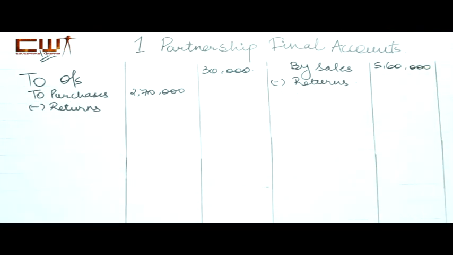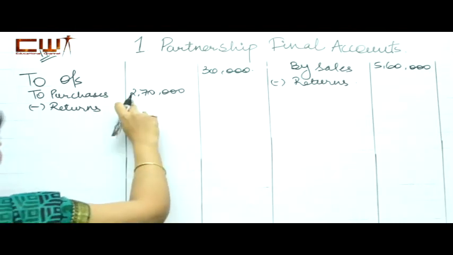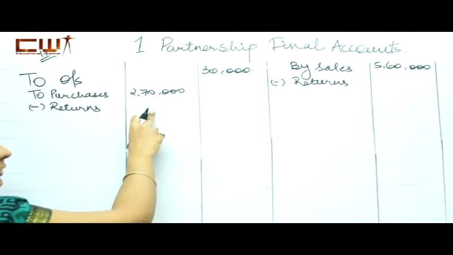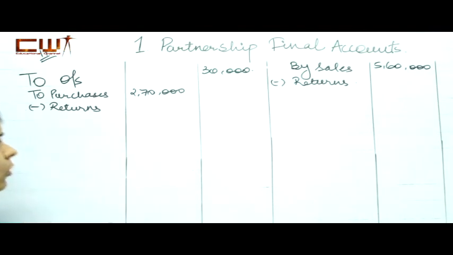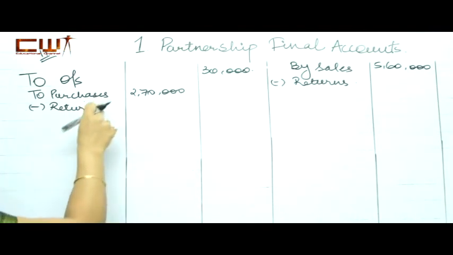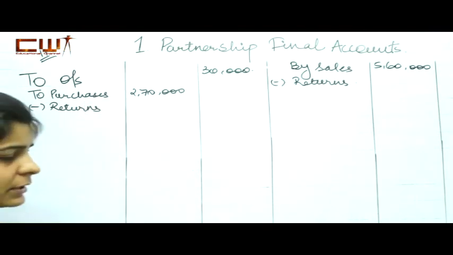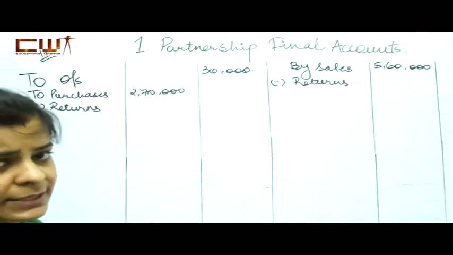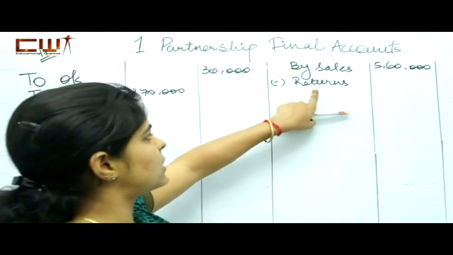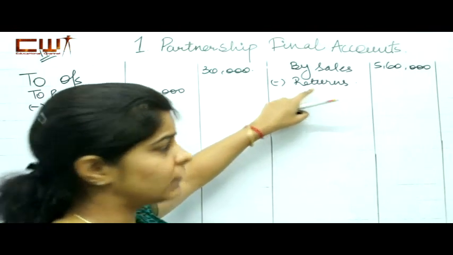See what the returns are. Returns is 5,000 and 3,000. Now one is debit, one is credit. But you think if purchases is debit, the returns are also debit is not necessary, and that is wrong. Returns is also known as purchase return or return outwards, as I told you, and this return is known as sales return or return inwards.